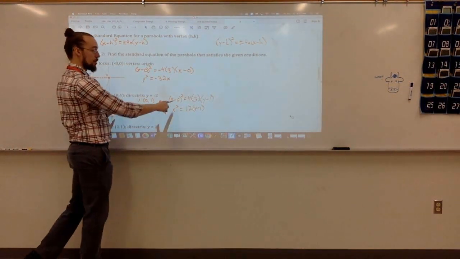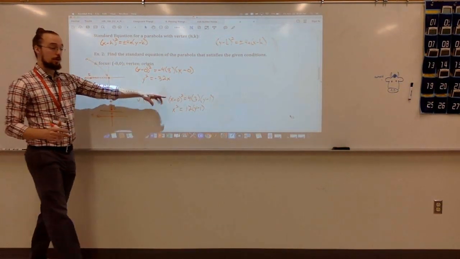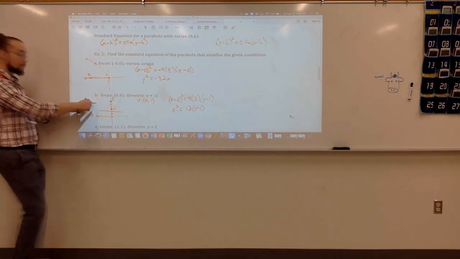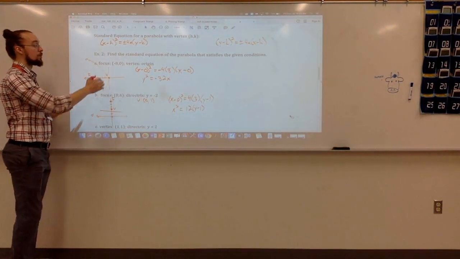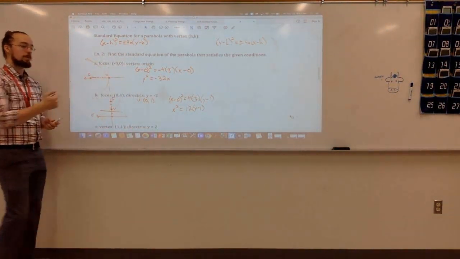So here we have x squared, and it's positive, meaning it's opening up. If x is squared and it's negative, it's opening down. So we kind of went backwards here. We said, well, we know it opens up, therefore the right side is going to be positive. Here we said, well, we know it opens to the left, therefore the right side is going to be negative.